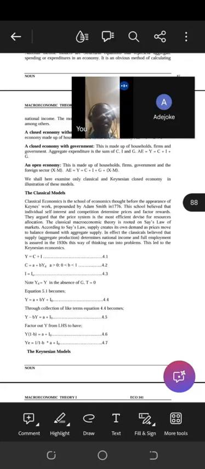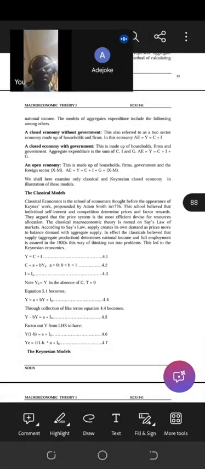So we said it is the expenditure made by households, which is C, only consumption, plus investment expenditure made by businesses, only I, plus government expenditure, that is government spending, only G. So you have C plus I plus G.